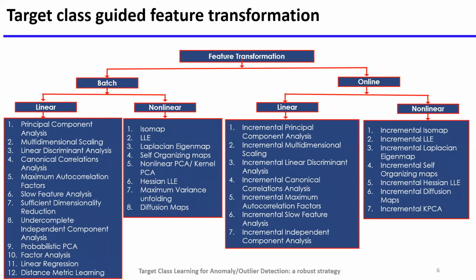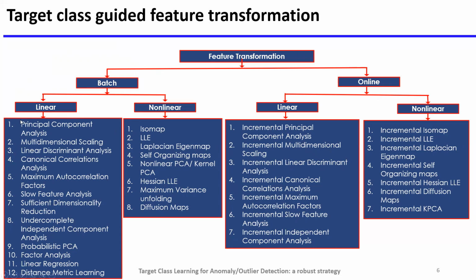Coming to the feature transformation techniques, the techniques that are shown here do not necessarily belong to target class learning. They are basically categorized in terms of batch and online, and later you can see that some are linear in nature and some are non-linear in nature. A huge number of dimensionality reduction techniques, especially for feature transformation, have been proposed so far.